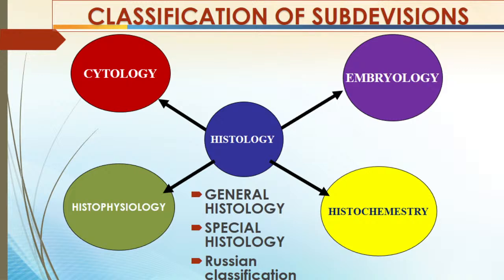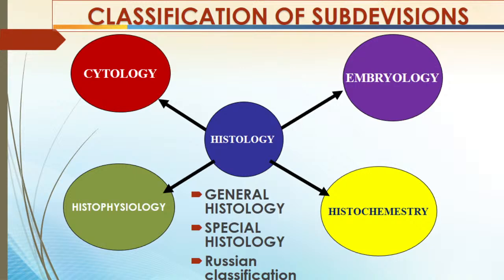And special histology investigates the systems of organs, functional systems and organ systems inside the human body, with a combination of interactions between tissues, differentiation of tissues, development of tissues, histogenesis during the ontogenetic transformation of animal and human organisms.